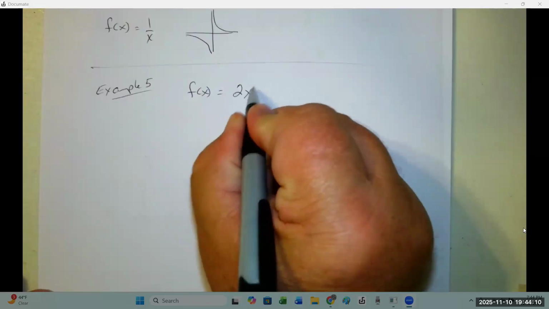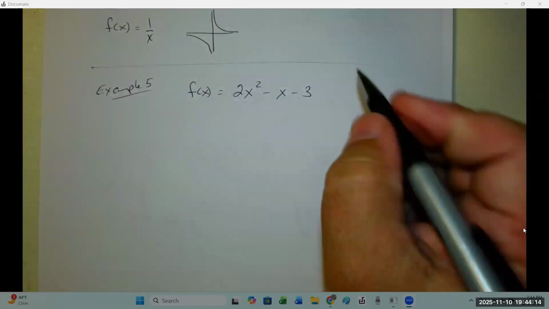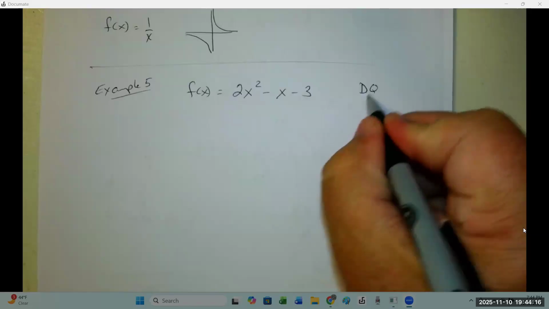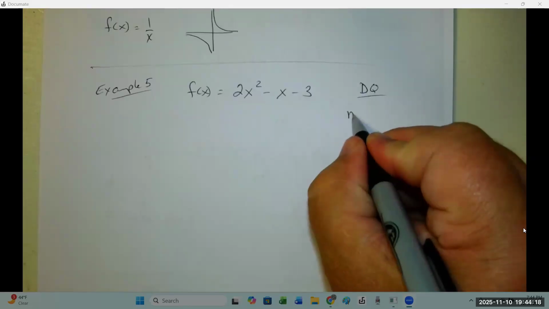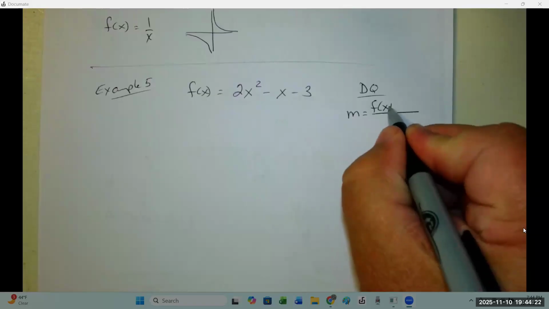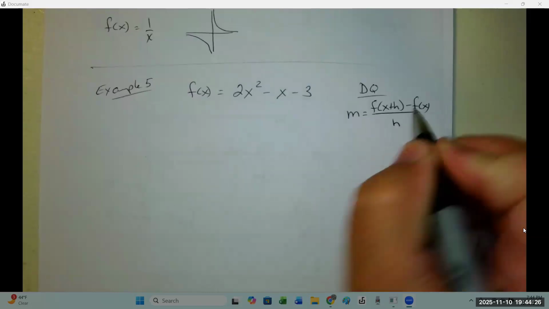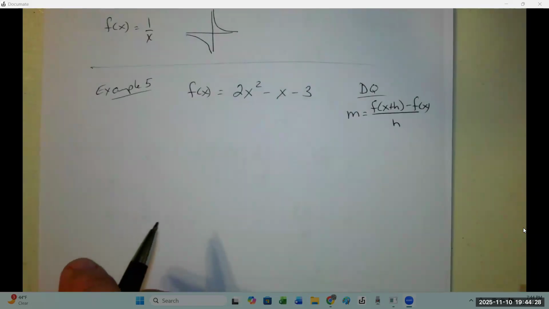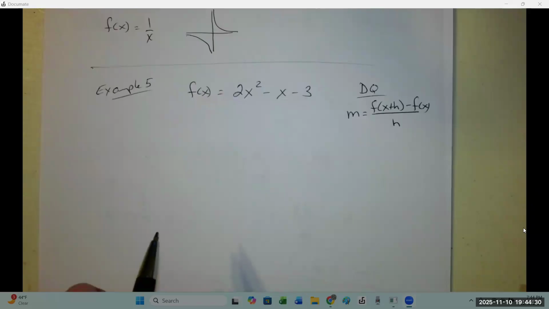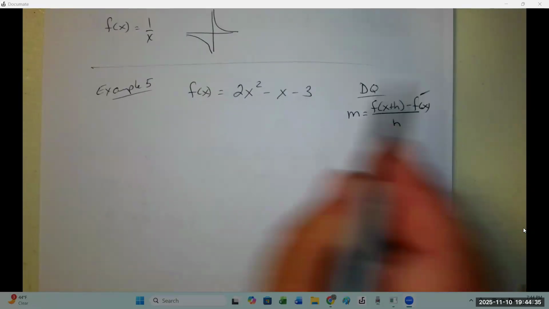f of x equals 2x squared minus x minus 3. Use the difference quotient, which is f of x plus h minus f of x, over h. So we have f of x, check.